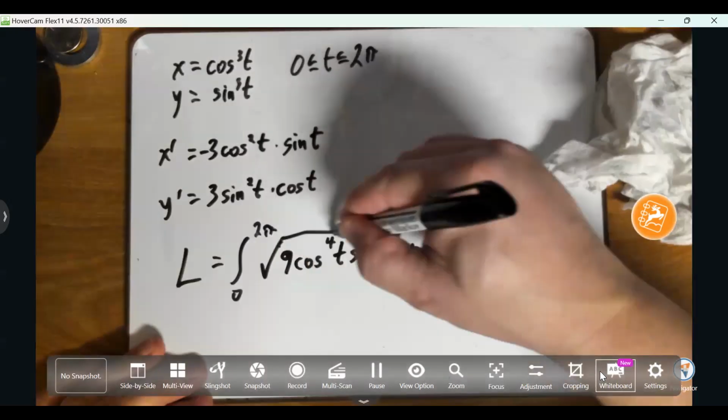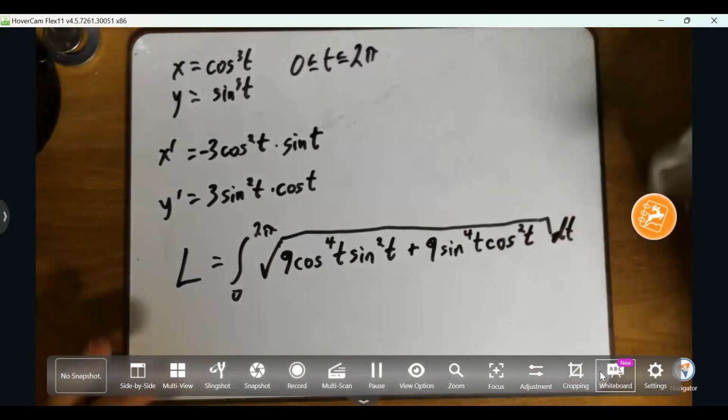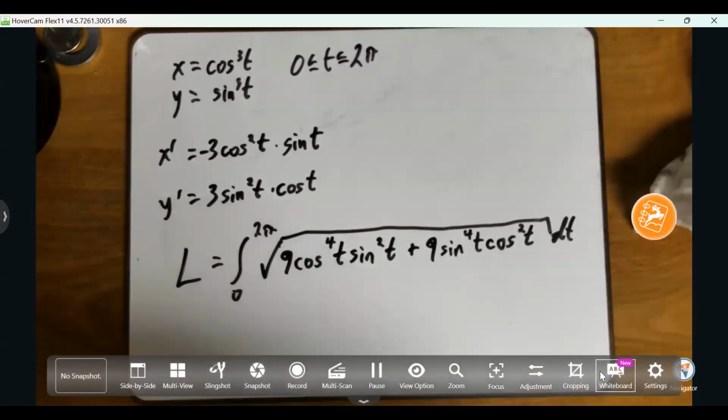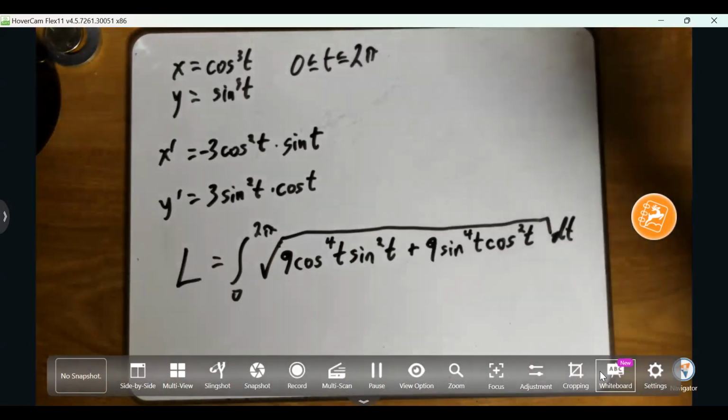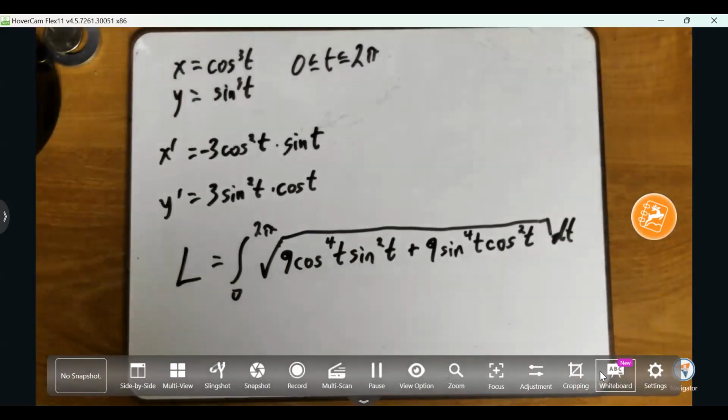I take the square root of that dt, and that's the integral I have to solve. So my word of warning is this: very often these integrals are exceptionally ugly, and the trick for a lot of the paths that you're going to do is going to be trig identities. Your friends, trig identities.